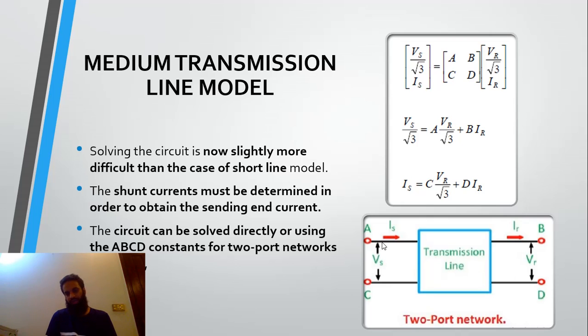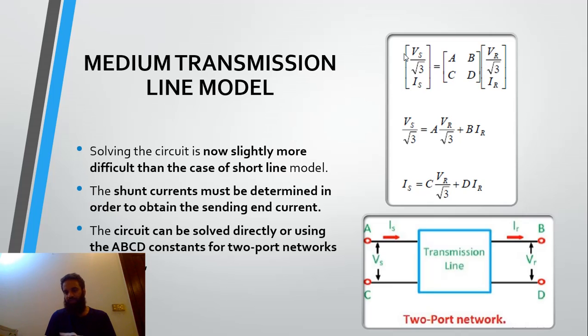So if we want to find the output, we need an equation in terms of the parameters of the transmission line with the combination of the output parameters. So the equation would be input is equal to ABCD parameter into output.